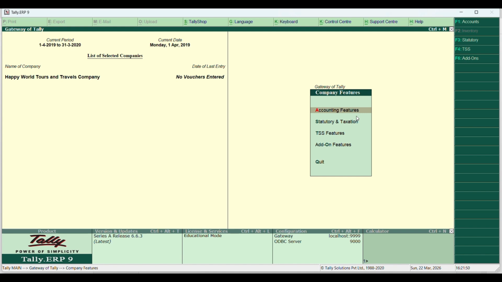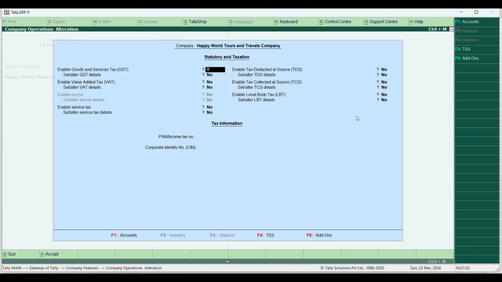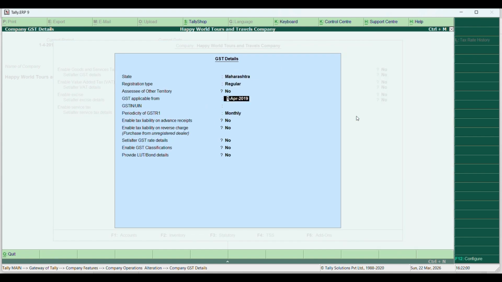Now we are going to go into statutory and taxation. Yes, this will be set and alter GST details: yes, state of Maharashtra, 1st April.